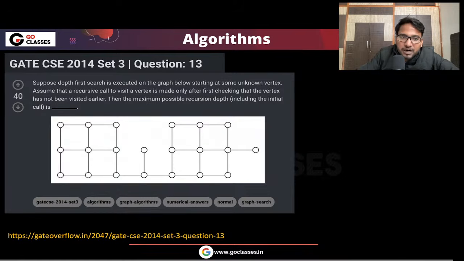So you can maybe start from here and then 1, 2, 3, 4, 5, 6, and maybe 7, 8, 9, 10, 11, 12, 13. Is 13 the answer here? Just see what is the maximum possible depth that you can get.